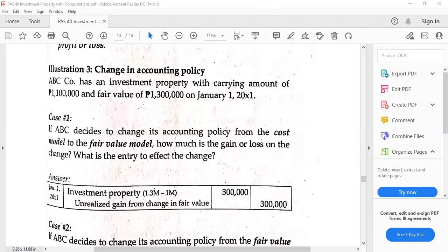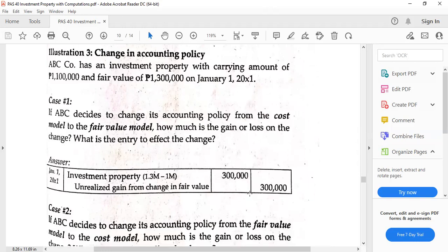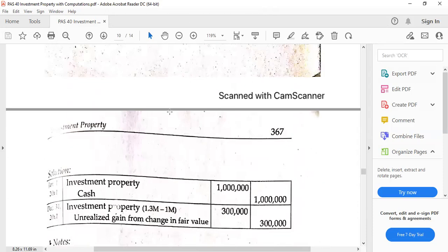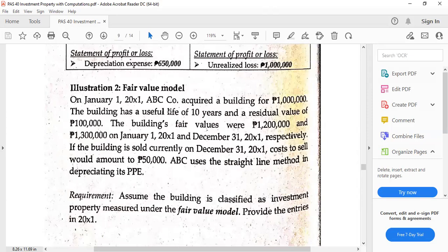Now for this one, if you are following the discussions, you might be wondering, where is this 300,000 obtained? Because we are just given here the values as follows. So 1.3 M minus 1.1 M would be supposedly 200,000 if we treat this as separate transaction. But if this is, for example, a continuation of the previous problem, we can actually compute that after the end of a year, the value would be 1 million.